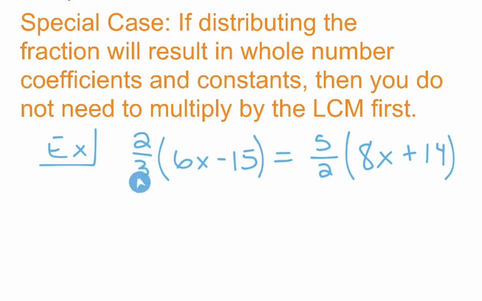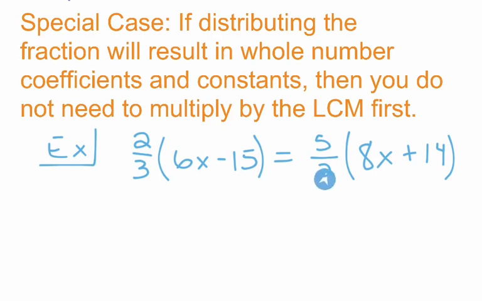We look at our denominator, which again is 3, and we look at the numbers that we have inside our parentheses. The thing about these numbers inside these parentheses is 6 and 15 are both multiples of 3. They're both multiples of 3. So we can multiply a whole number by 3 to get the numbers that we have inside our parentheses.